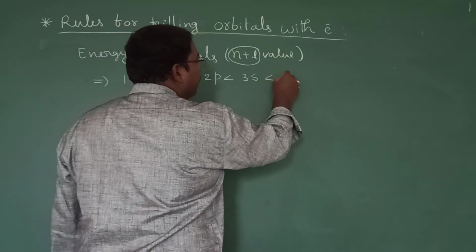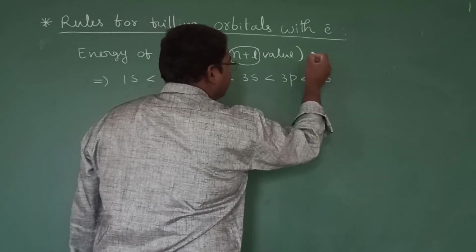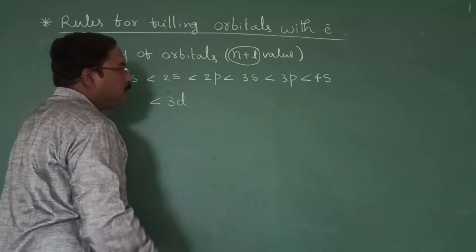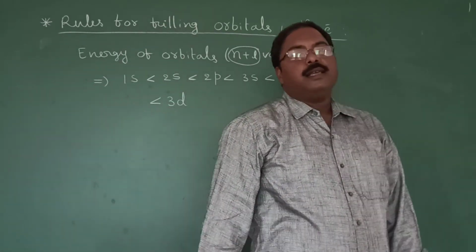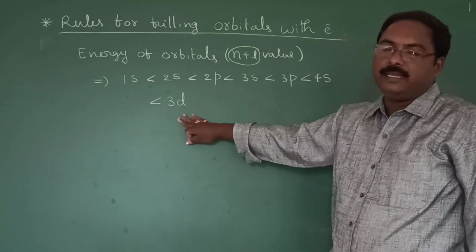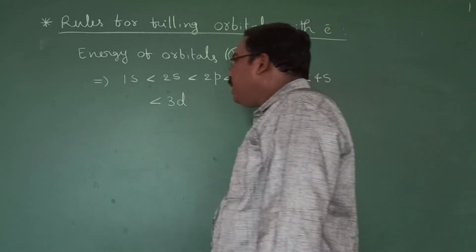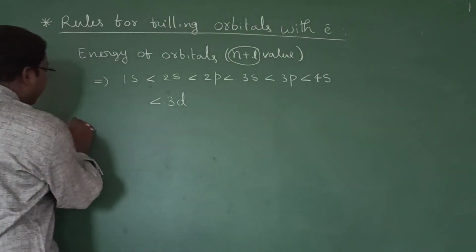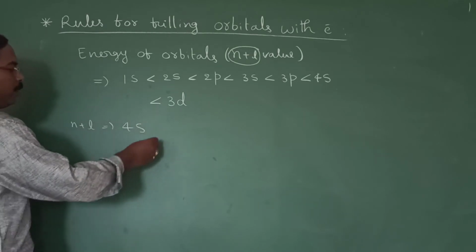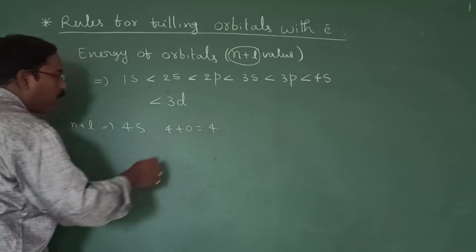After 2p, 3s, then 3p, then 4s, then 3d. The people will get a doubt: sir, after 3p, why not 3d? Why did you go for 4s? Okay, let us calculate the n plus l value for the 4s orbital. 4 plus 0, nothing but 4.